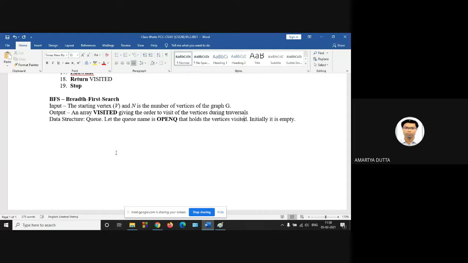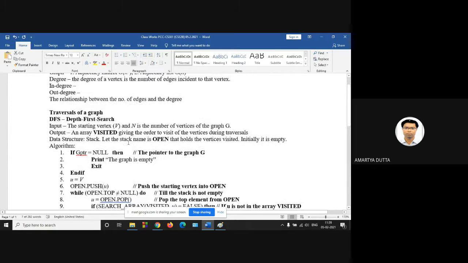Initially, it is empty, and GPTR is the pointer to the graph. Okay, GPTR is the pointer to the graph.